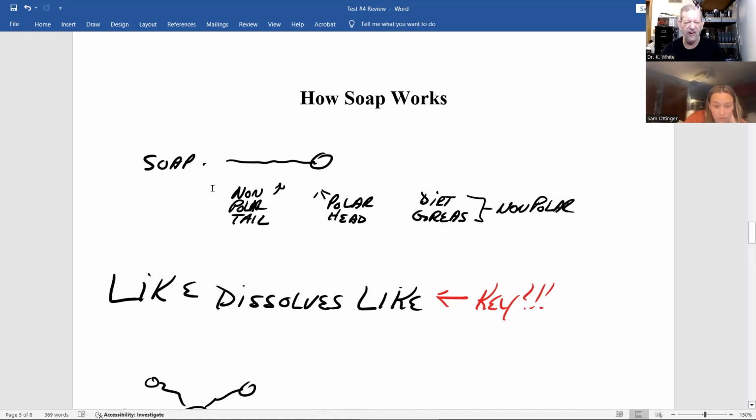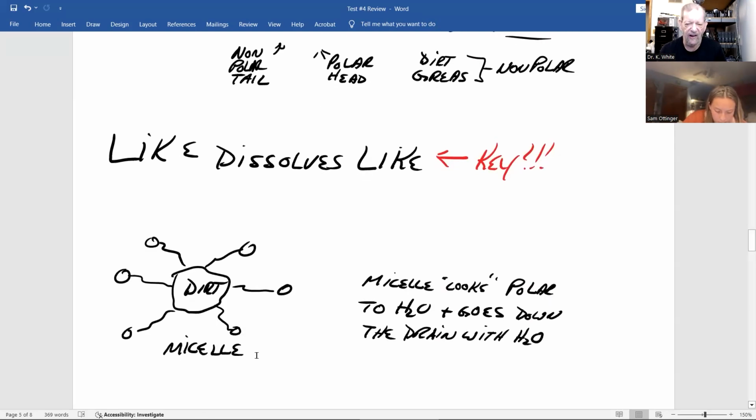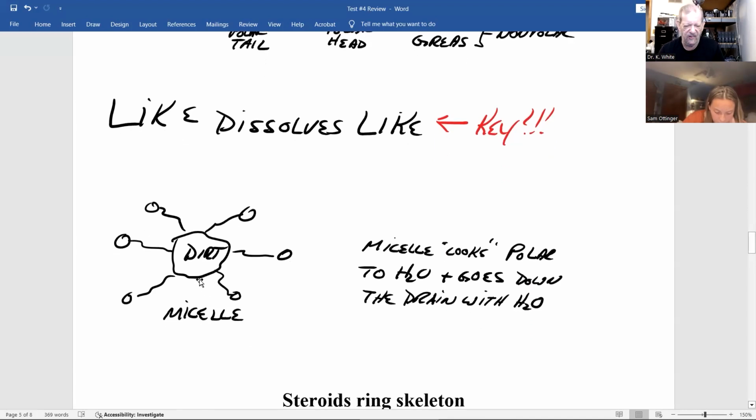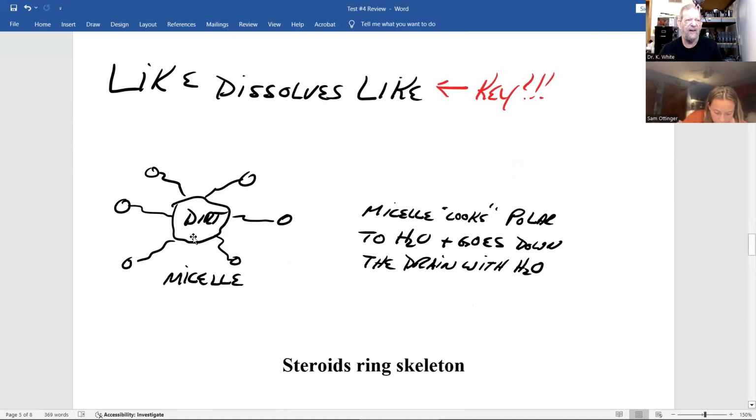And first of all, you should know the structure of soap is a nonpolar tail and a polar head. Now, dirt and grease are nonpolar, and water is polar. And the key to this is like dissolves like. And if we had a little dirt particle here on the screen, you have dirt, which is nonpolar.